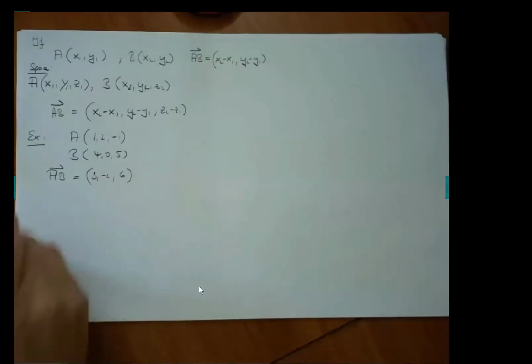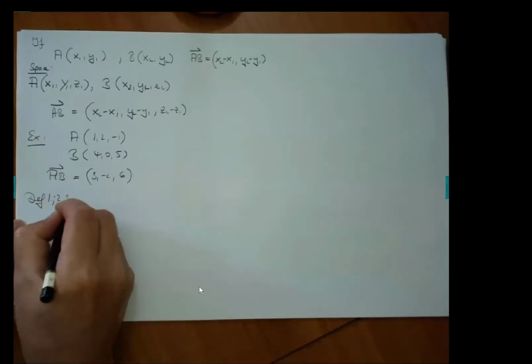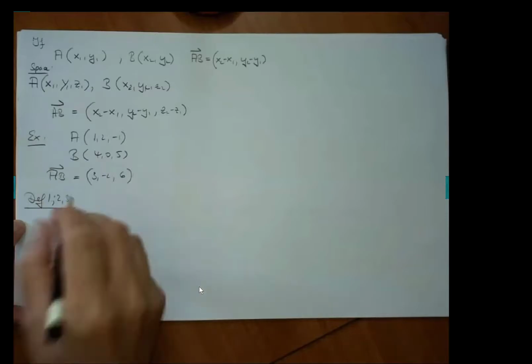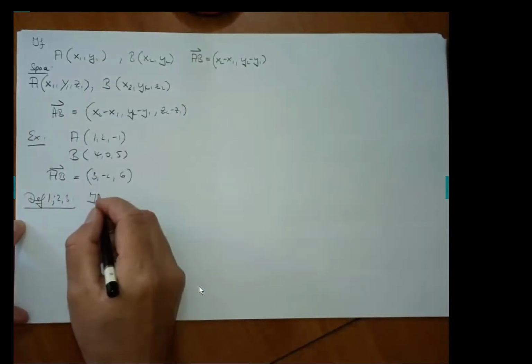So in your book, I just combine all this together in definitions 1, 2, and 3. So instead of having 2 or 3, we now have n components.